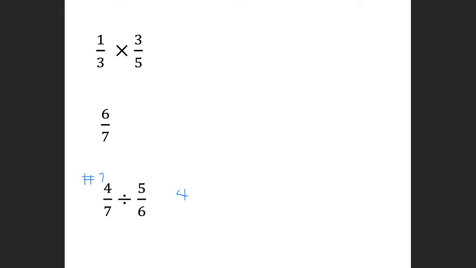So I think we would flip one of them. So we could go 4 over 7 and then multiplied by 6 over 5. And then just multiply them, like the numerators and the denominators. Yeah, exactly. That's what it would be.